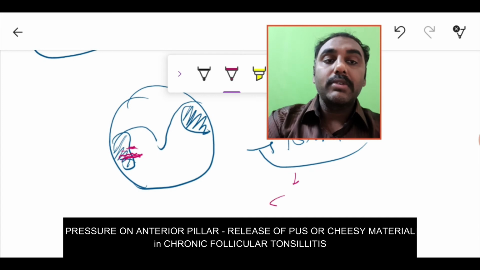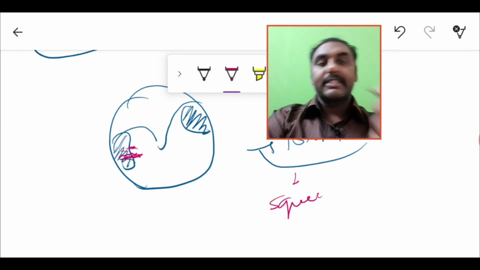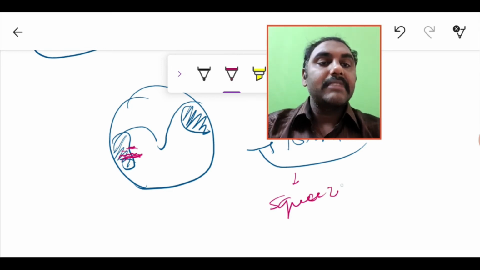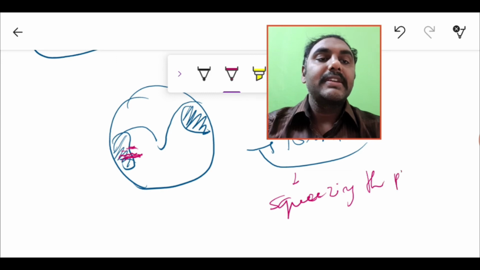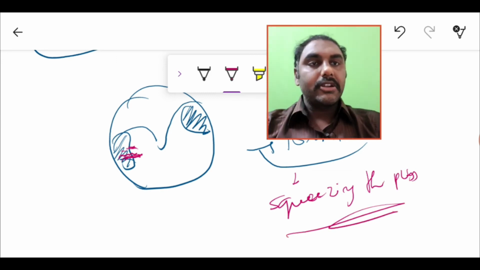The pus comes out when we touch the tonsillar fossa with a tongue depressor. We are not pressing it with our hand, we are pressing it with a tongue depressor, so that the pus comes out. That is seen in Irwin Moore sign, seen in tonsillitis.